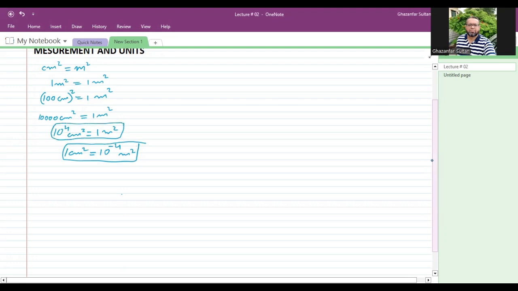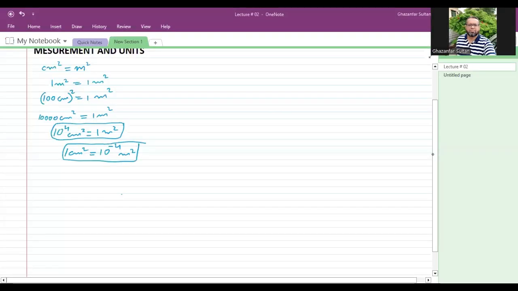So now see another relationship. Unit of density. Density can be represented either gram per centimeter cube or gram per decimeter cube or kilogram per decimeter cube.